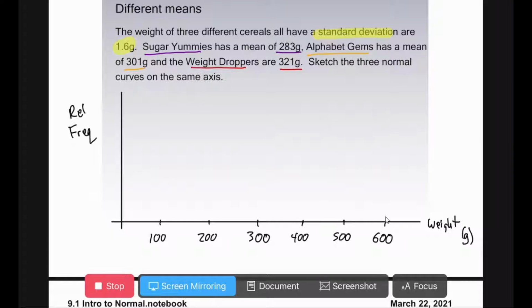Let's start with the Sugar Yummies. They're going to have a mean value of 283. So 250, 275, 283 is going to be somewhere around here. And once again, we're just sketching by hand, so it doesn't have to be perfect. Let's make our curve. We said we wanted it to be quite narrow, so it's going to be something like this.